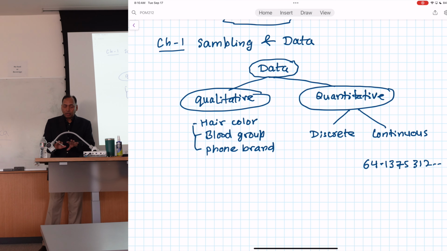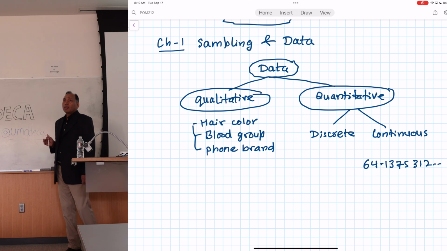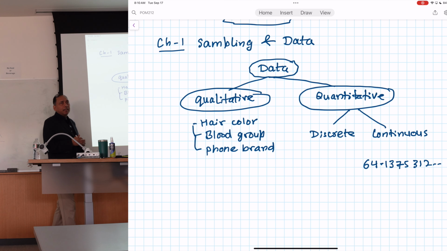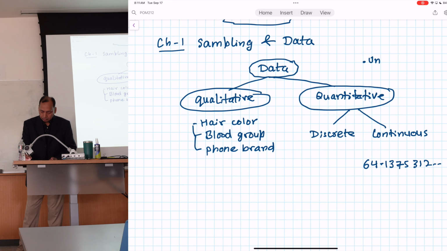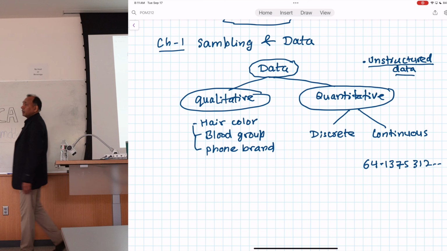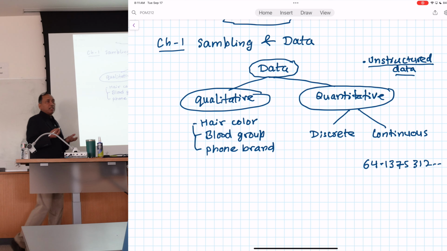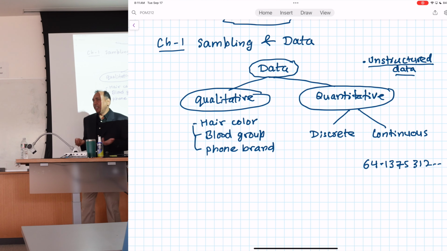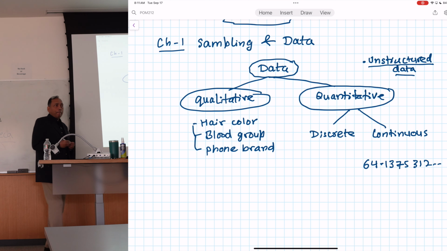We have broadly classified data into two categories, qualitative and quantitative. But nowadays with AI and other things, you may also come across another category of data: unstructured data. Unstructured data includes things like videos, pictures, images, and text data, like what you get on Twitter or X or social media.